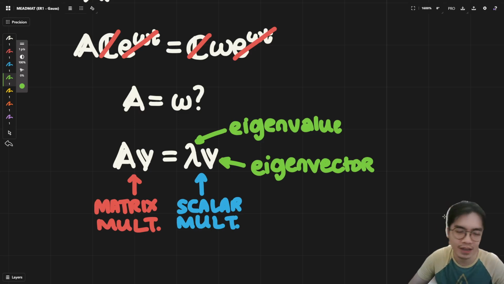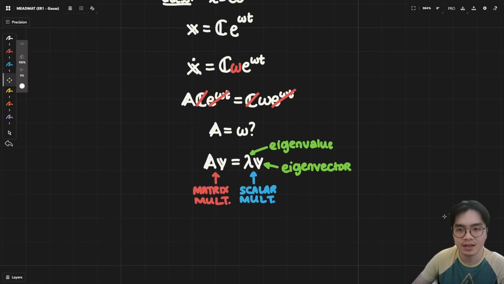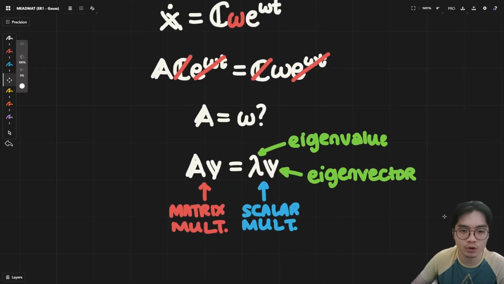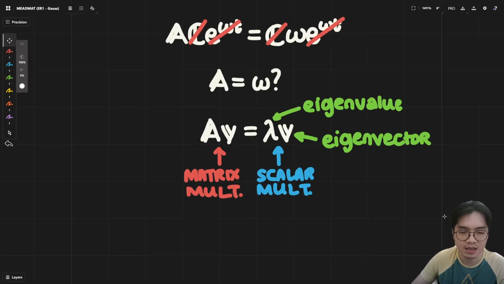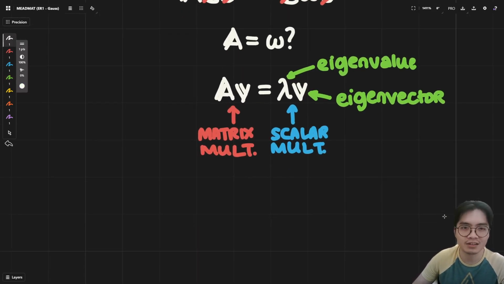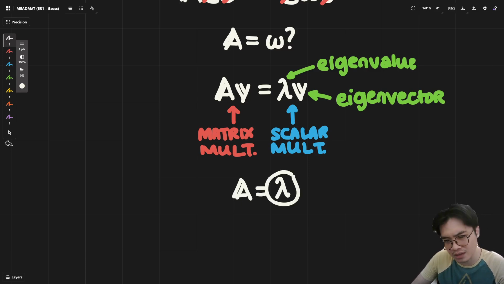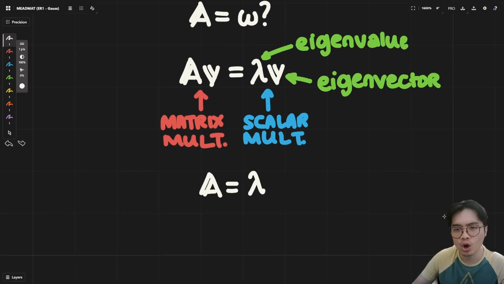Anyway, how are we going to get this eigenvalue? At the very least, we want to recognize that this lambda right here is as close to A as it's going to get. So how are we going to turn this thing into a matrix?